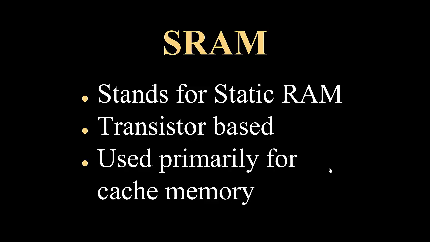So it's not memory you're going to go out and buy. This is memory that is housed inside the processor packaging. It used to be external to the processor, but nowadays with the most current processors, there's 2, even 3 levels of cache memory, and all of these use static RAM to store that information.